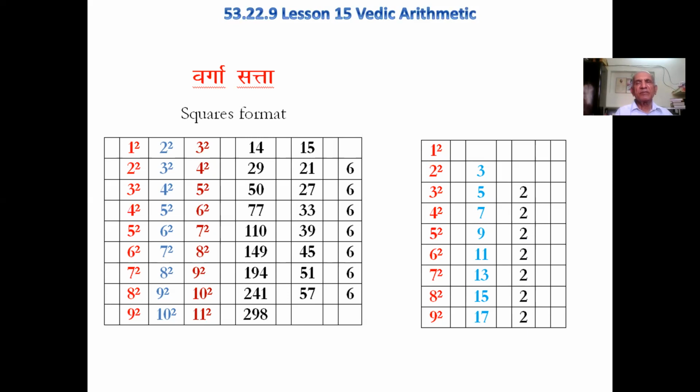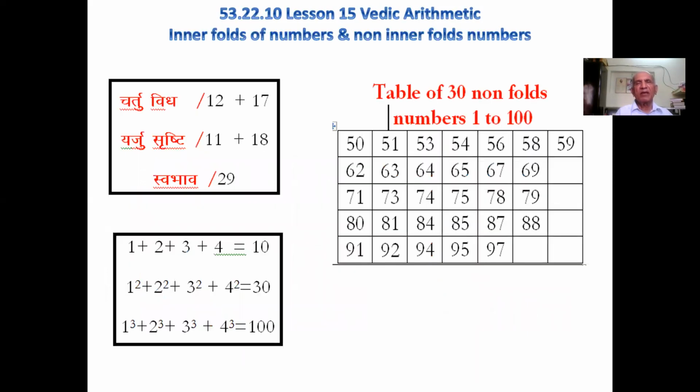Now, in this background, one shall have a fresh visit to the inner folds of numbers and non-inner folds of the numbers. It is Chaturvid, it is Chatursrishti, it is Swabhav. This is creators of space. It is a four-space arithmetic. Within four space, the orientations split.